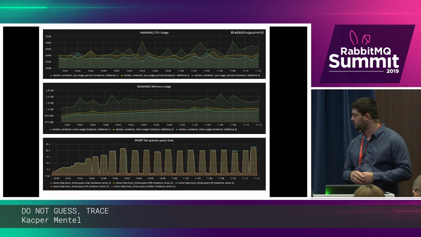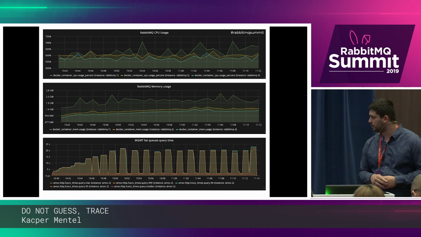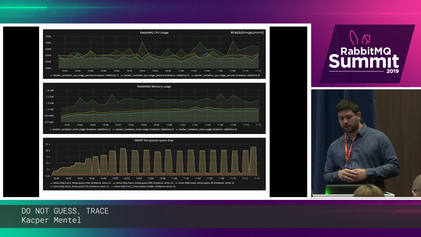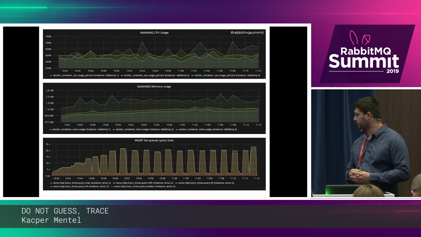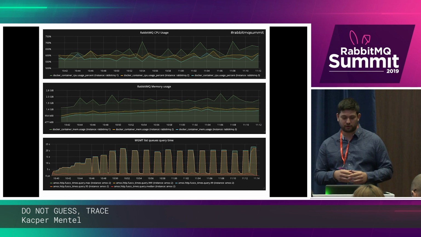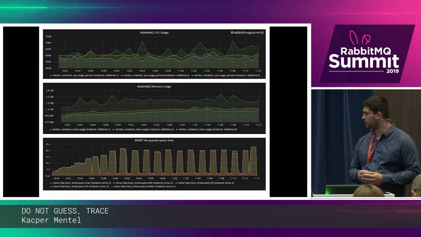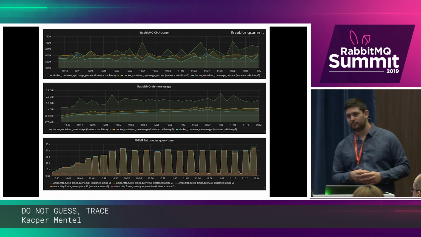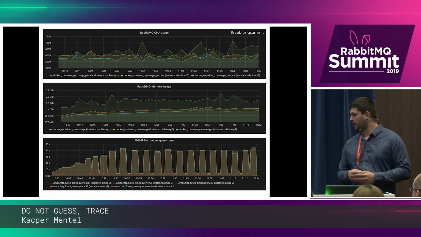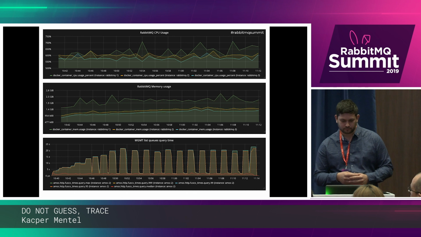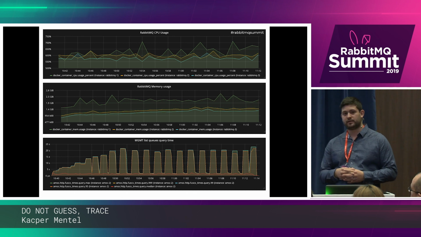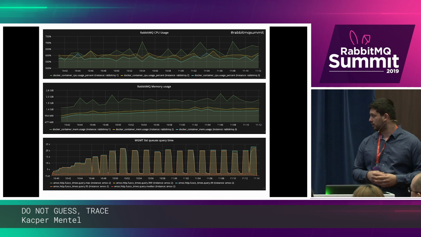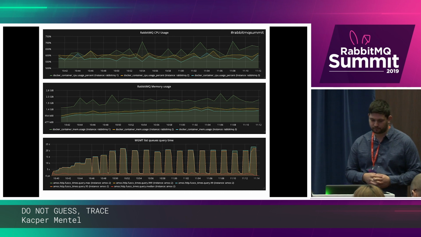This red line presents median, which was about 1.5 seconds. The other lines present 95th, 99th, 99.9th percentiles and max values. So we can see that in peaks, they reach about 20 seconds.